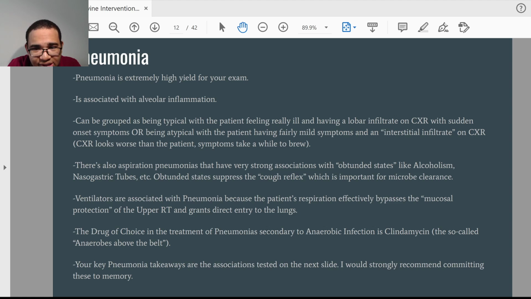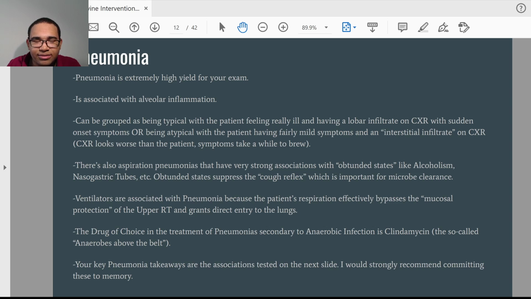They'll have subacute symptoms. They've been feeling like crap for a week. They're still able to hold down their jobs. They don't have super high fevers. You look at the chest x-ray and you're like, wow, this chest x-ray looks worse than the patient. Whenever you see things like that, you want to think about an atypical pneumonia.